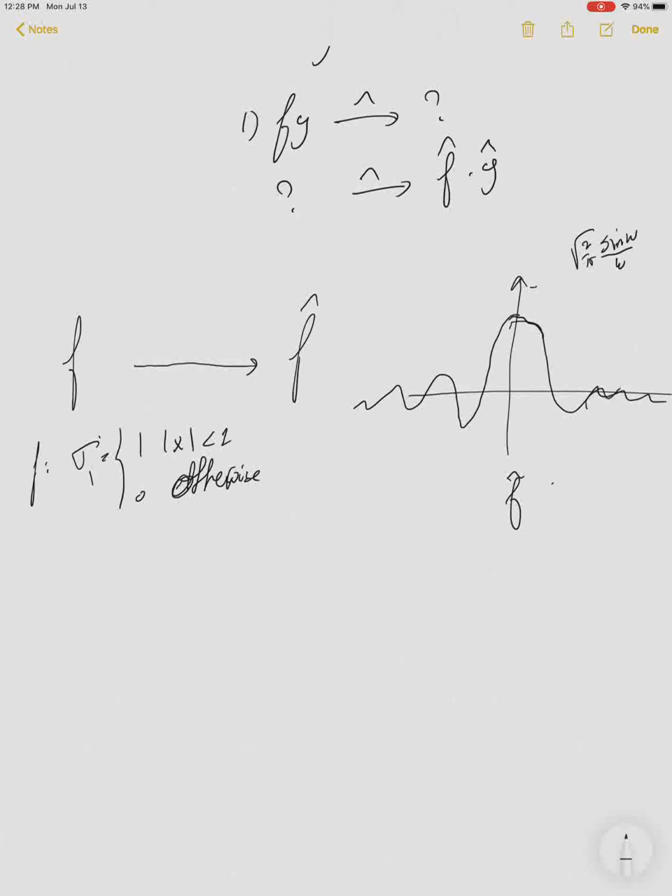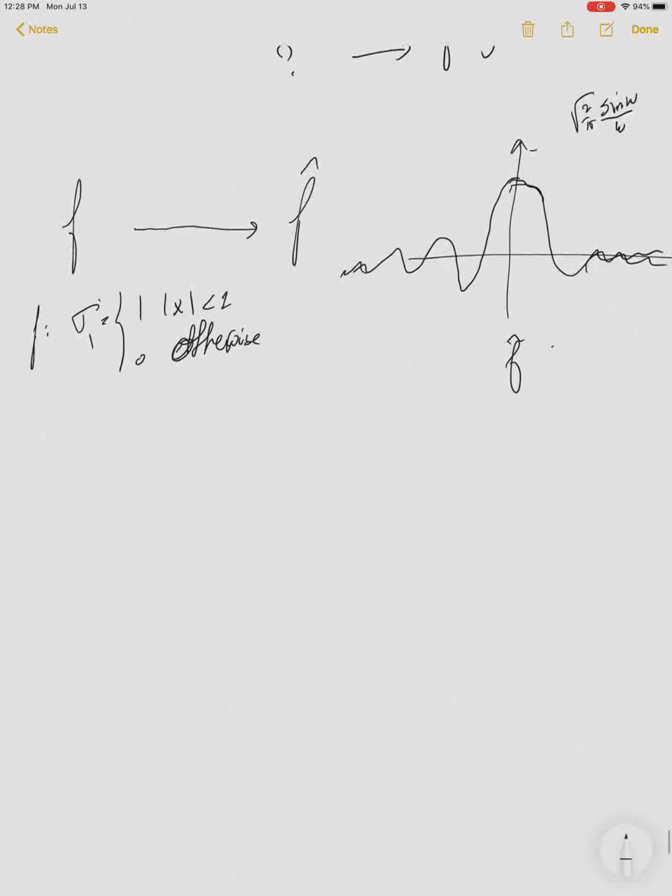Well, this is a signal with a lot of oscillation. What if I want only a part of the signal? Let's say I'm only interested in the following part.